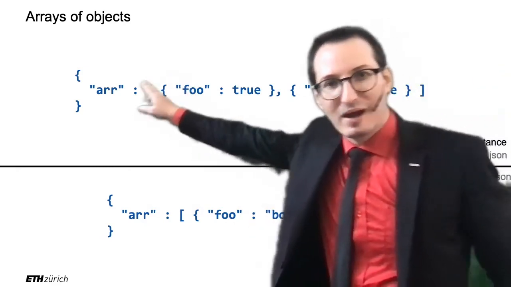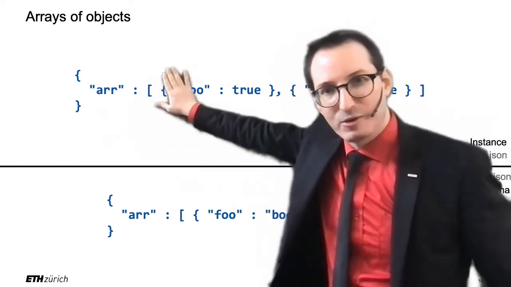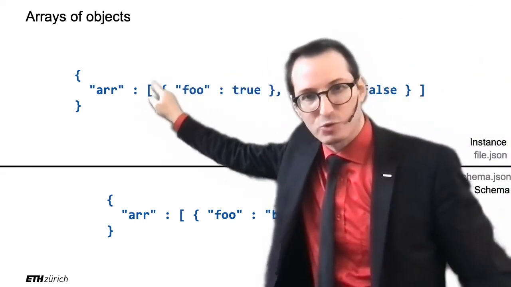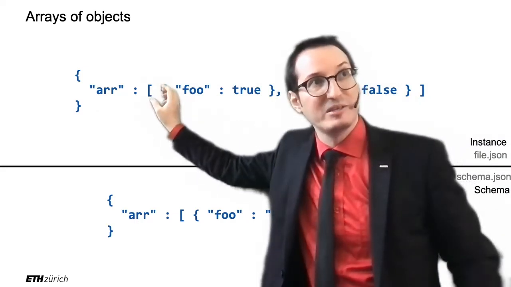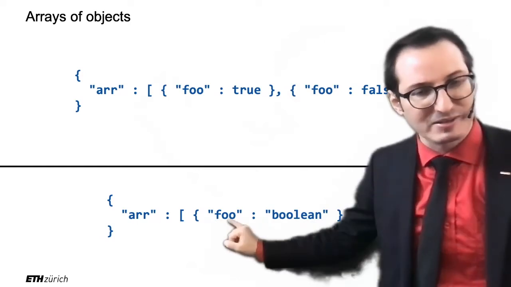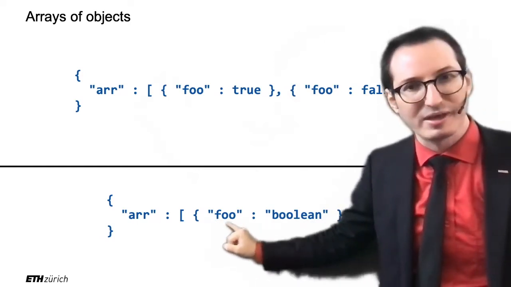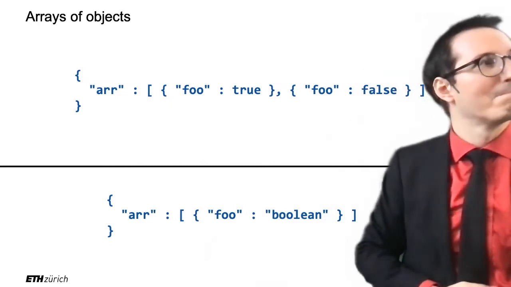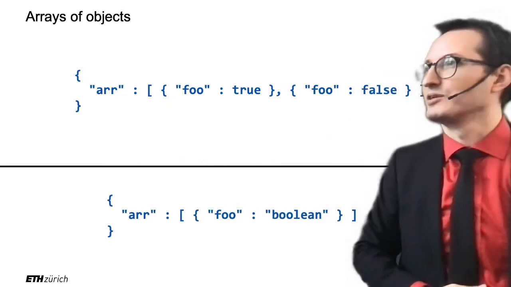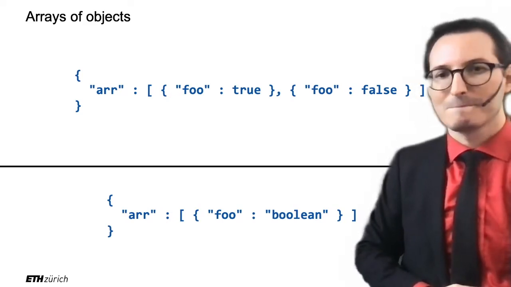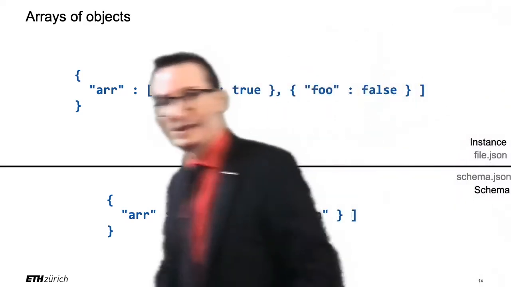If here you have an empty array, so you remove the two objects here and you just have square brackets, the empty array, is it valid? The answer is yes. This is an array of objects that can be 0, 1, or anything. So this would be also valid if the array were empty, right? Was it your question on Zoom, just to check that this was your intent? Yeah, all right. So I guess I answered it.